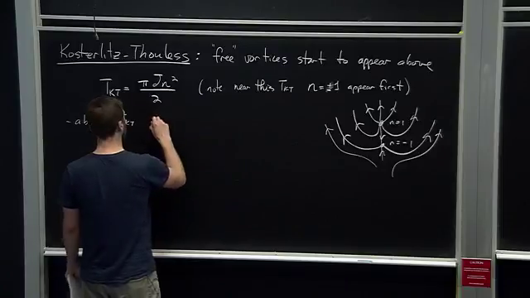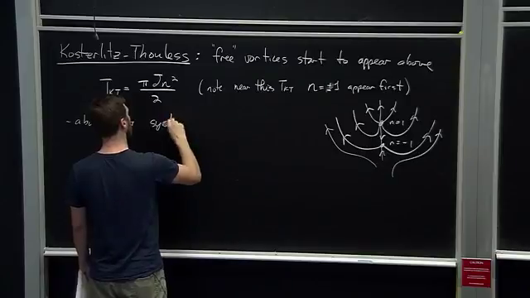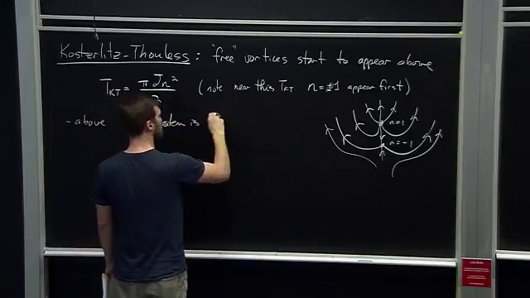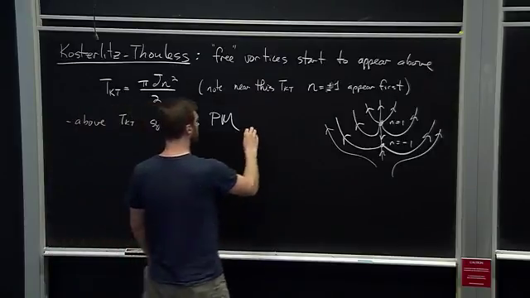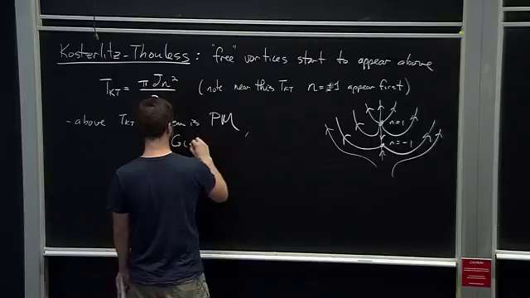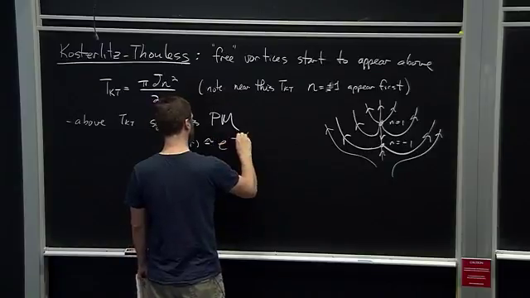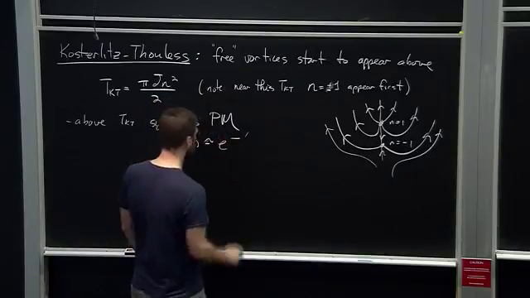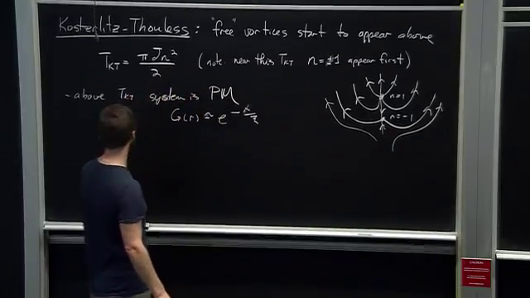So the system is a paramagnetic phase with an exponentially decaying correlation function, g of r. There's a correlation length, so it would just be e to the minus r over xi, the usual paramagnetic phase.